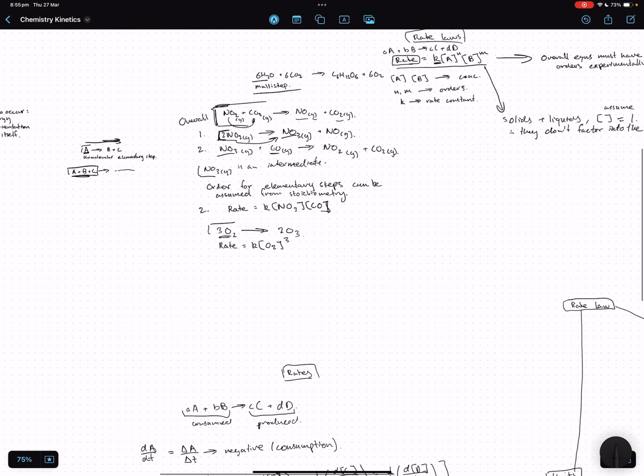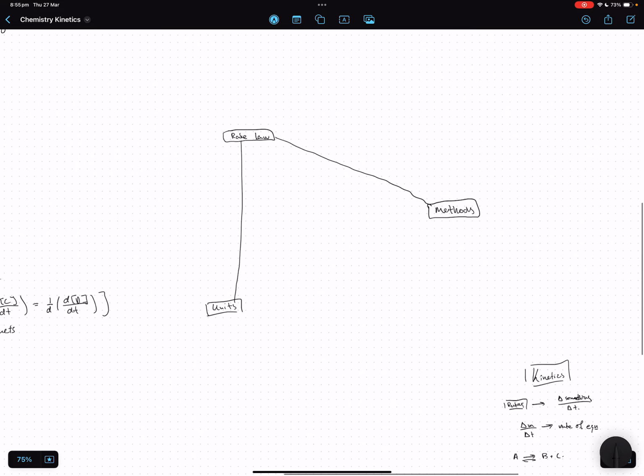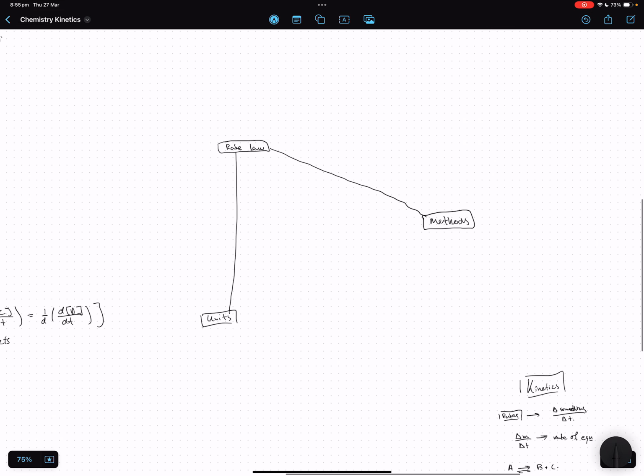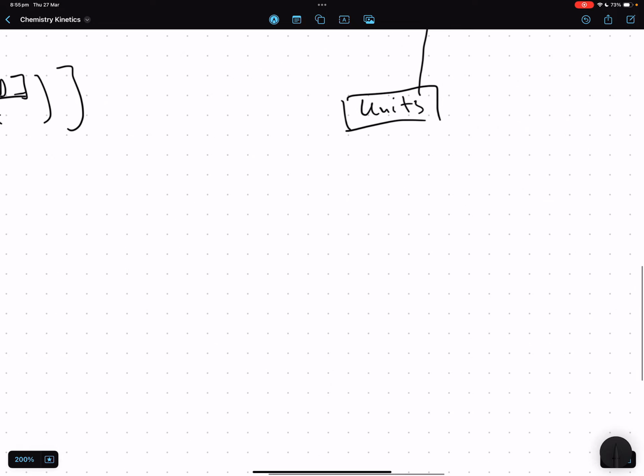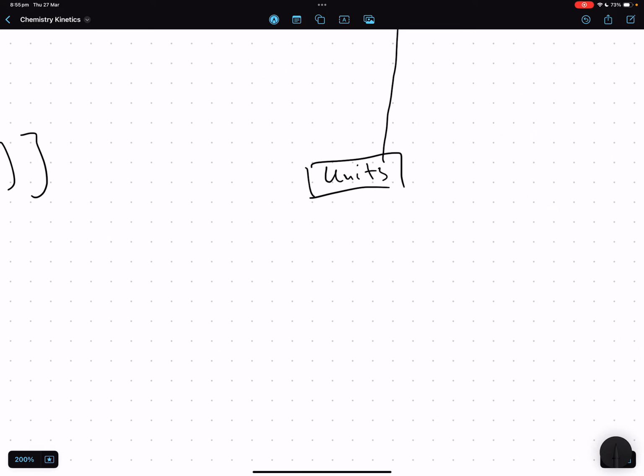Okay, so we talked about rates and rate laws. Now let's think about units. Let's say we have A plus B turns into C, and this is elementary.